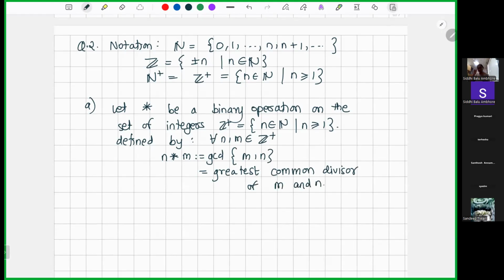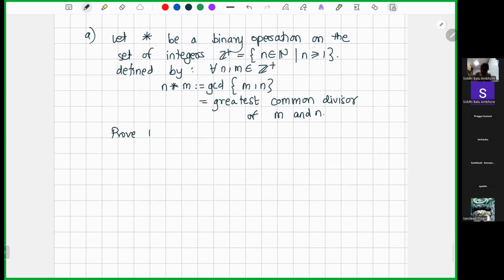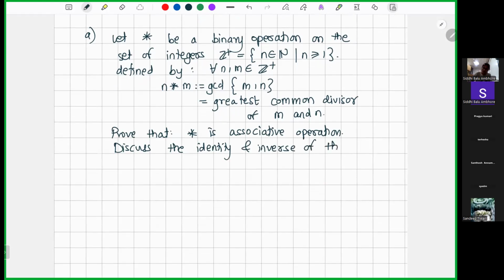And we have to prove that star is an associative operation, and also discuss the identity and inverse of this operation on Z plus.